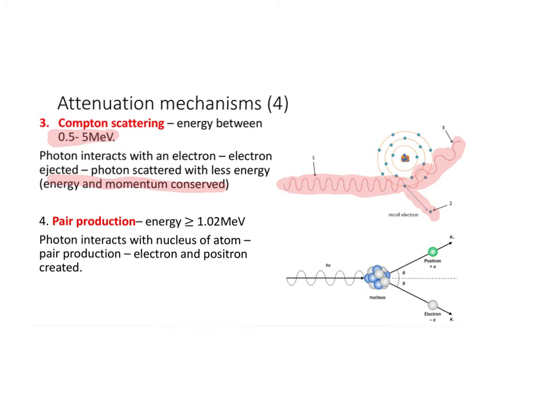And then you have pair production, which involves photons that have an energy greater than or equal to 1.02 mega electron volts. In this case, the X-ray photons will interact with the nucleus of the atom. It won't do anything to the nucleus, but the X-ray photon will disappear and turn into an electron and a positron.